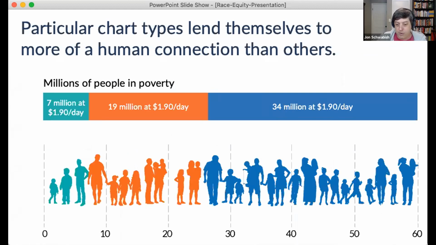An icon chart, for example, this latter chart type, might allow people to see themselves better in the data, might enable them to connect better with the subject matter by reminding them that there are people in the data behind the chart. So it's not just observations aggregated into bars.